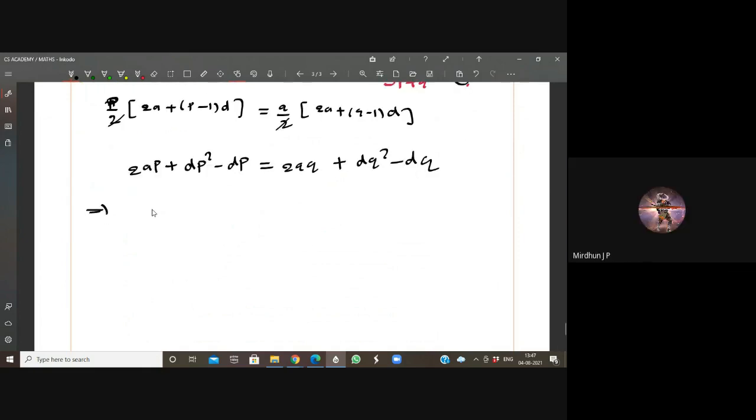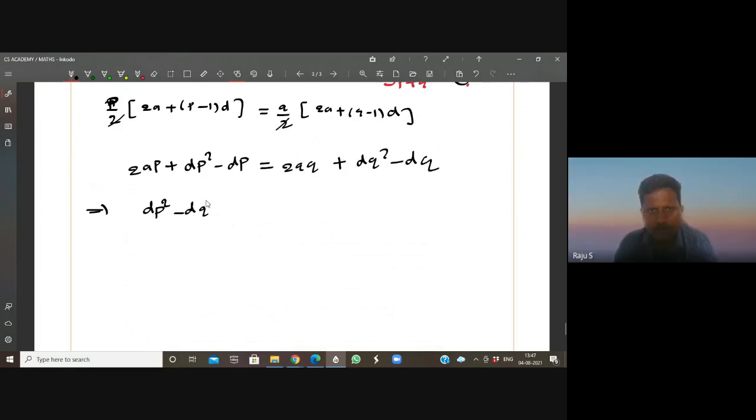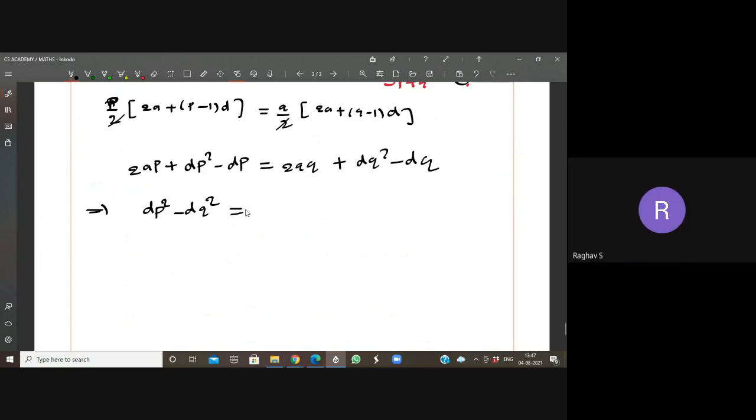So we get 2ap minus 2aq plus dp square minus dq square equals dp minus dq.